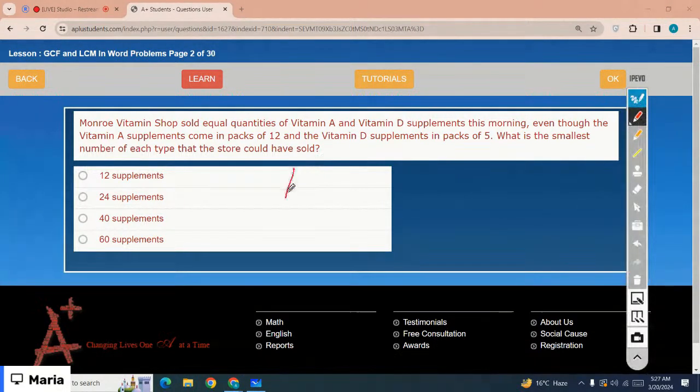So you have to find the prime factors of 12 and 5. That is 2 times 2, 4, 4 times 3 is 12. And the prime factors for 5 is 5 times 1. So for the LCM, you have to multiply all the common and non-common multiples. You don't have any common multiple here.